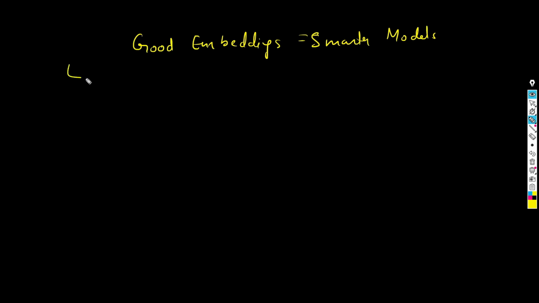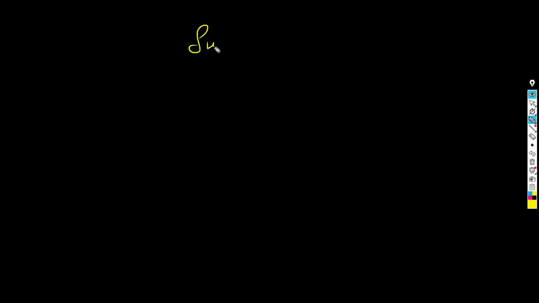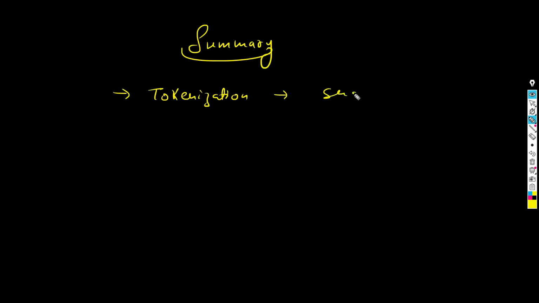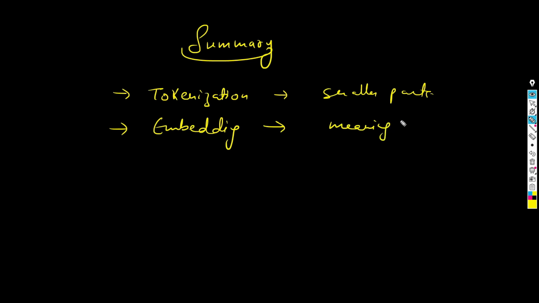So that's all from this section on tokens and embeddings. Let's quickly summarize whatever we have seen so far. We started our discussion with tokenization, which was our very first discussion. The whole idea of tokenization was to break the entire text into smaller parts. Then we talked about embedding. The whole idea of embedding is to convert each token into some meaningful number.